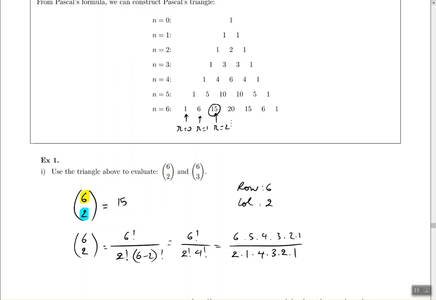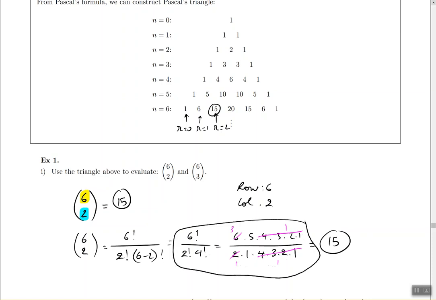So I can reduce some of these numbers, and I could reduce 6 and 2 to get 3 and 1. So at the end of the day, it is going to be 3 times 5 times 1, which is 15, divided by 2 times 1 times 1 times 1, which is still 1. So 15 is the final answer, which is exactly what we saw in Pascal triangle. So it's kind of a nice way of getting the answer without having to do all of this math over here or without having access to a calculator.